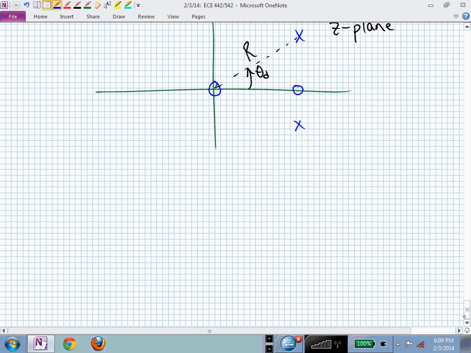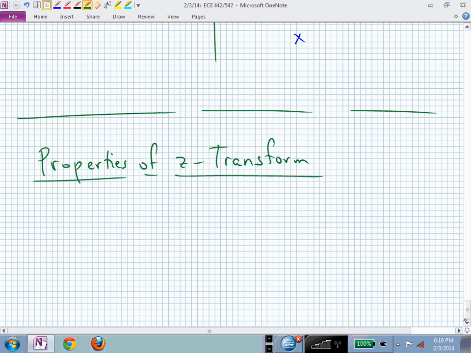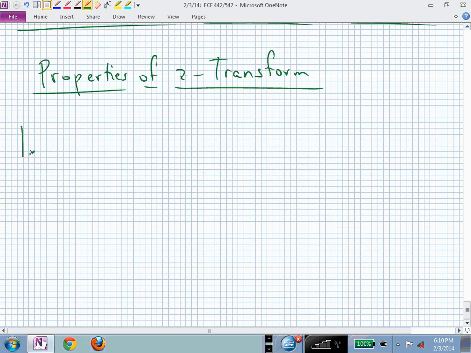Let's then look at some properties of the Z-transform. These are pretty much going to just be stated, although it might be pretty easy to see what's happening sometimes rather quickly, so we may just walk through it.